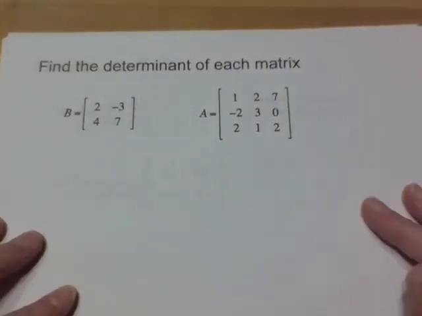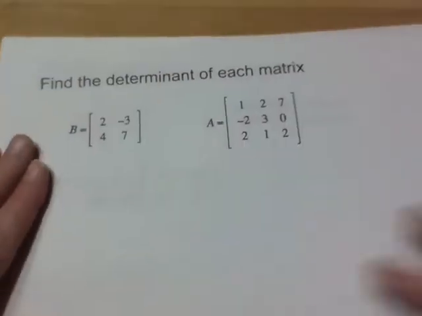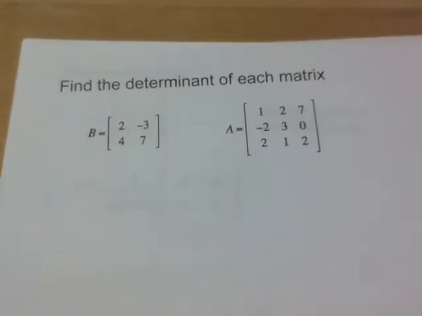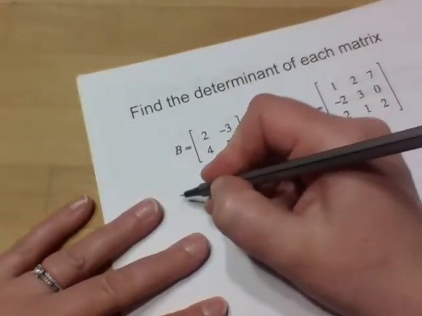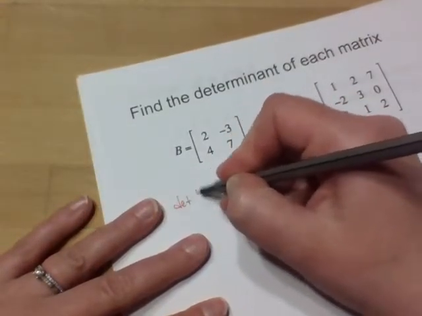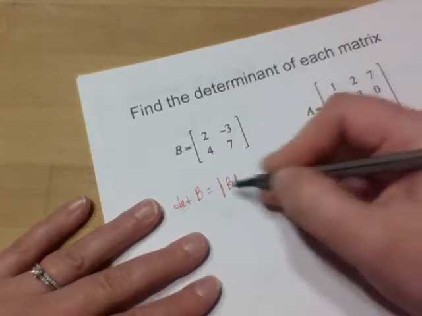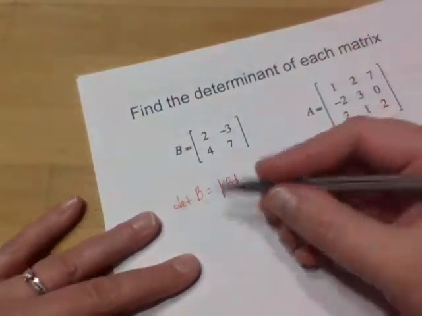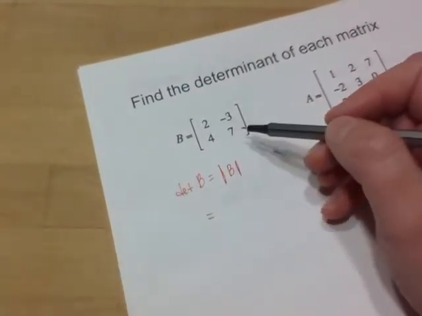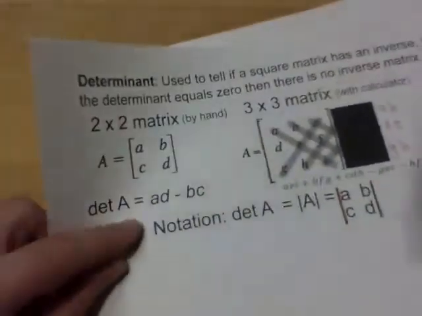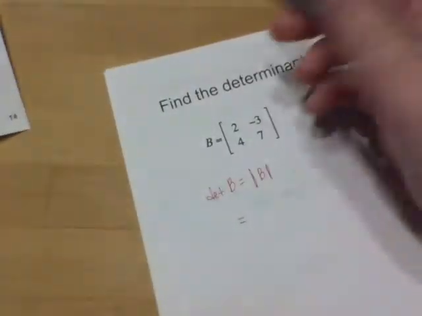So first thing that we are going to do is find the determinant of B in this case. So determinant of B, remember, just means the symbol of your absolute values with B inside of it. And so in order to get that, we would take our first pieces of AD and multiply those and subtract BC.